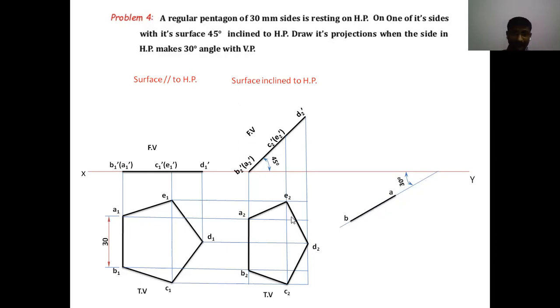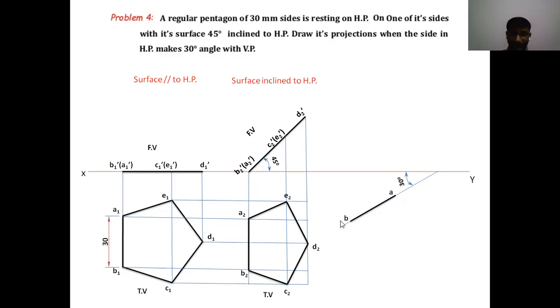Okay, to locate the remaining three points C2, D2, E2, you have to draw the center line, which goes through the midpoint of A2 B2.